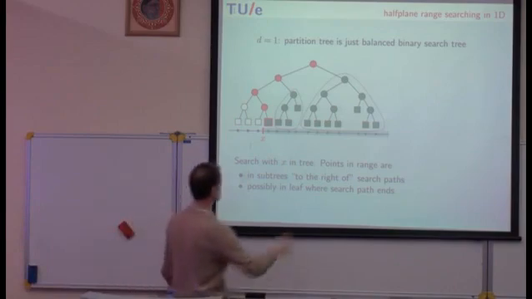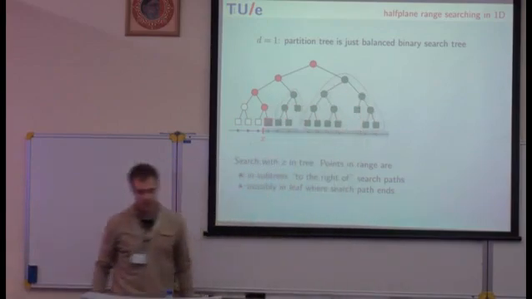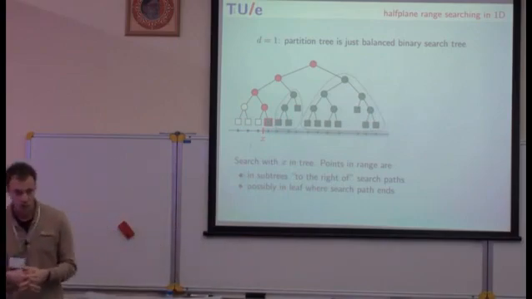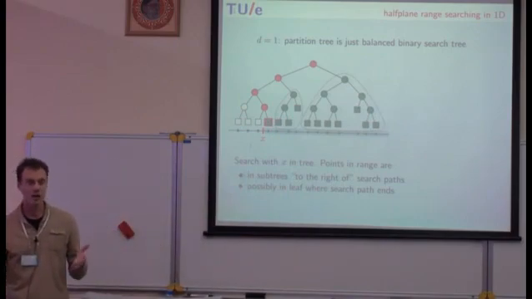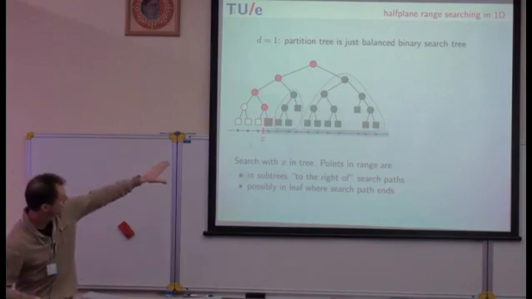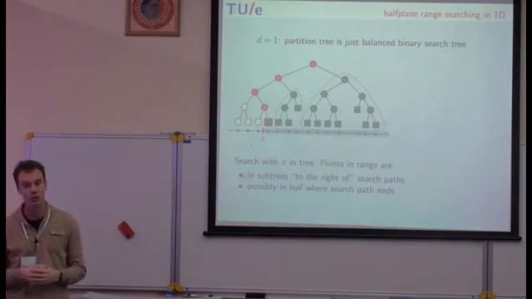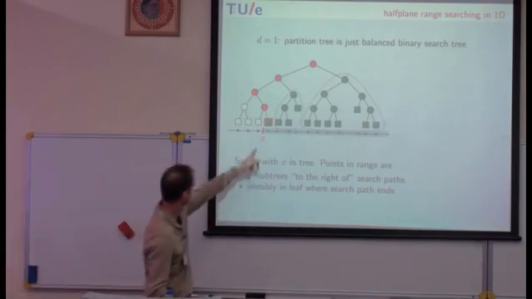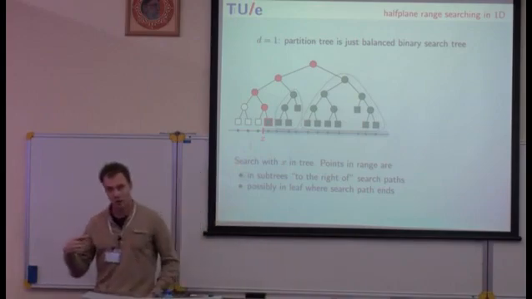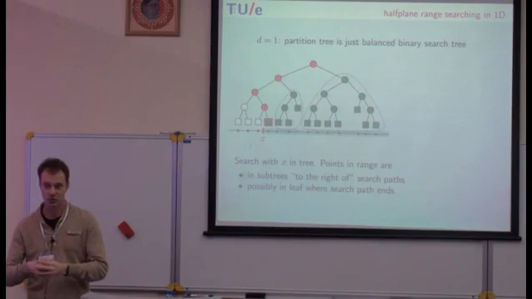In this case, 2 subtrees, this one and this one. Normally the maximal number of subtrees you need to capture all the points to the right of a query point is at most log n if the tree is balanced.